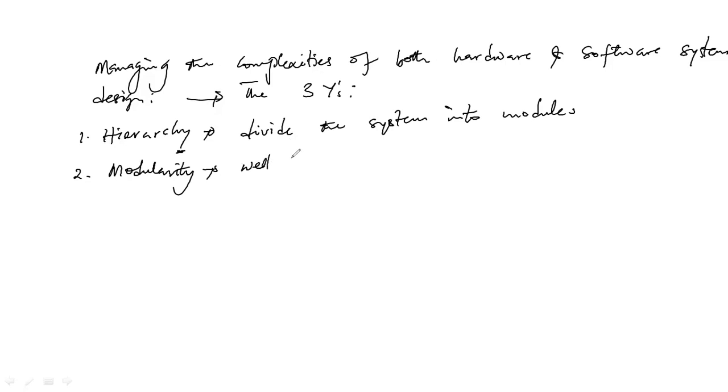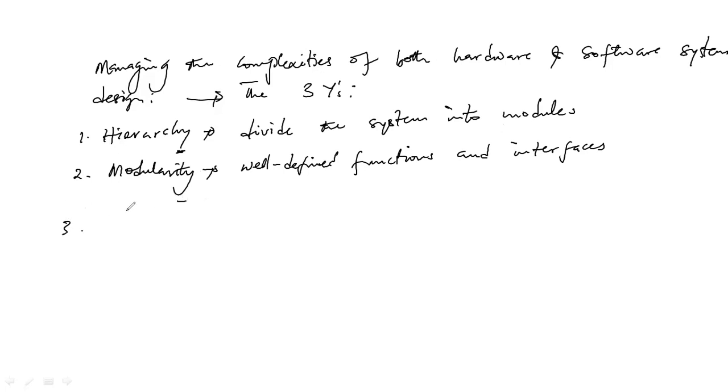So we'll talk about each module having well-defined functions and interfaces, and this is such that they connect together easily without unanticipated side effects. So it means that there should be no side effects. The design of one module should not impede the function of another module, except where it is so required.